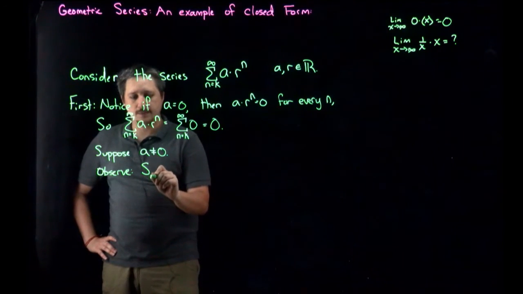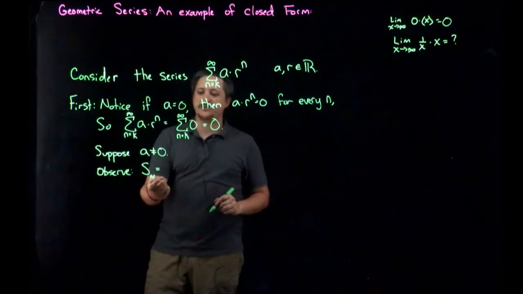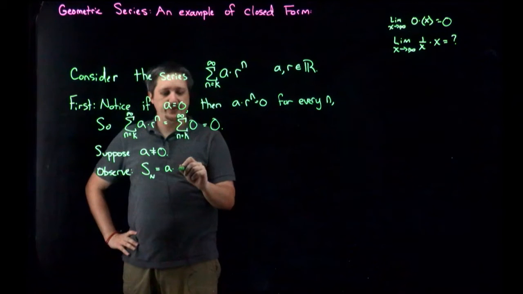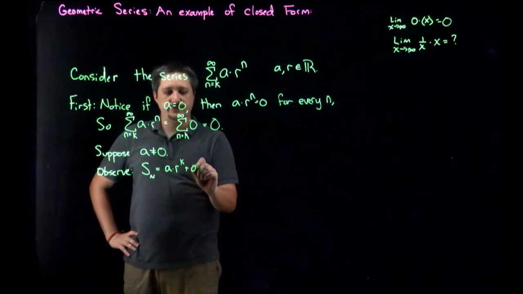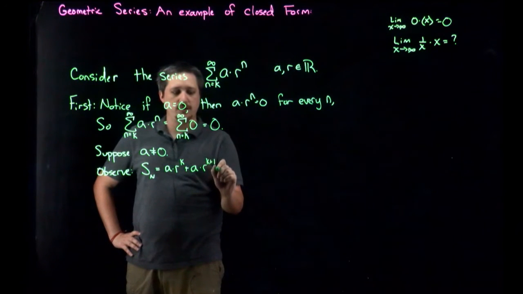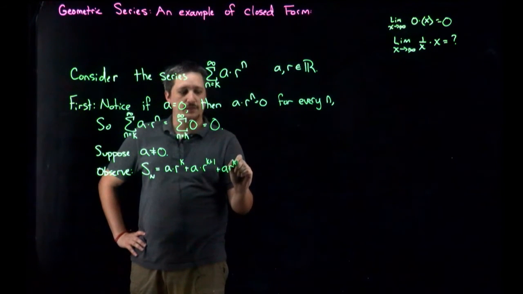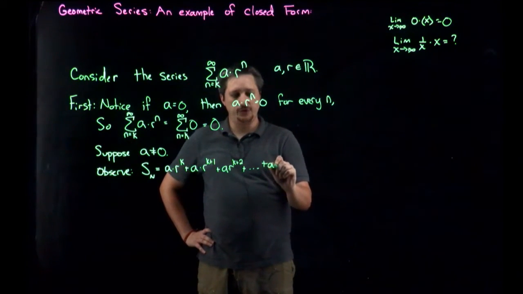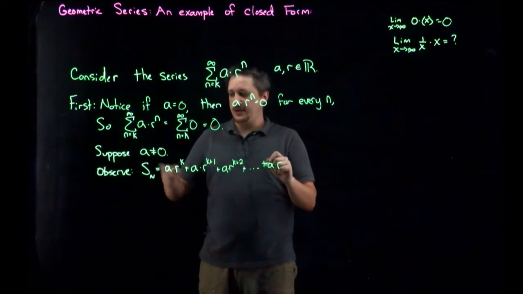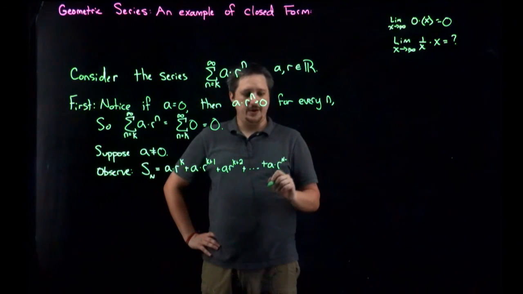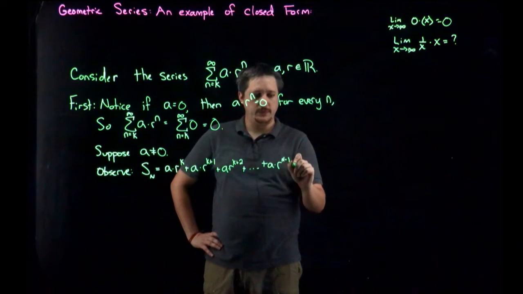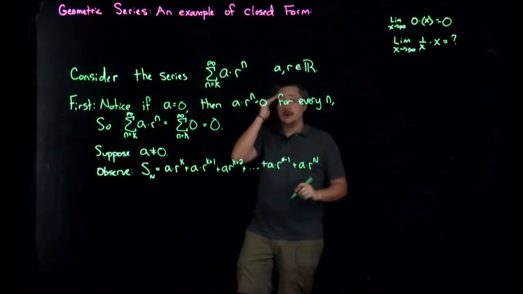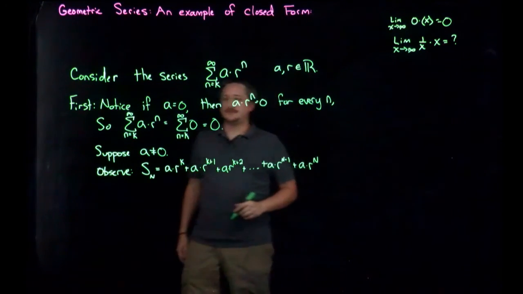So the nth partial sum, meaning the sum up to capital N, this is a times the first thing, so this is a r to the k, plus a times r to the k plus 1, plus a times r to the k plus 2, all the way up to, I'm going to add 2 terms at the end here, so this is going to be a times r to the capital N minus 1, a times r to the capital N, okay? So this is just the definition of Sn, nothing special going on here.